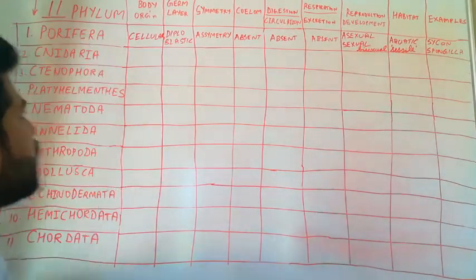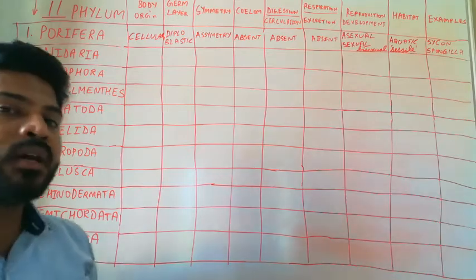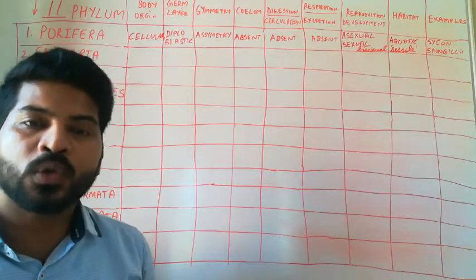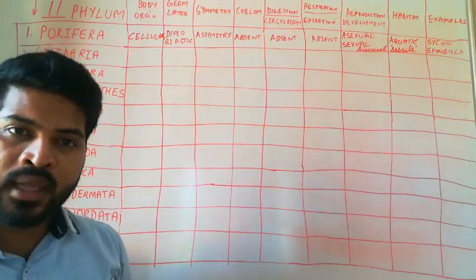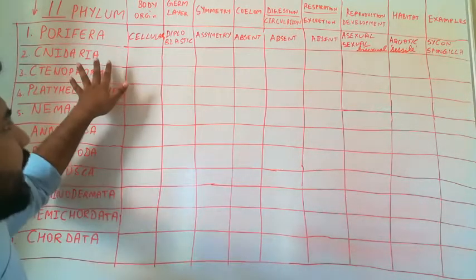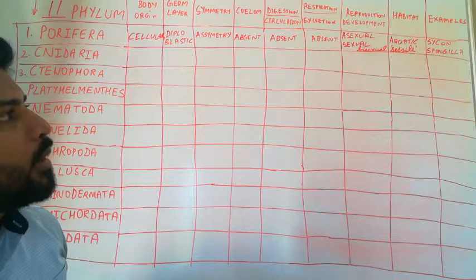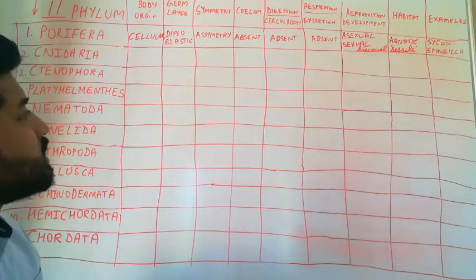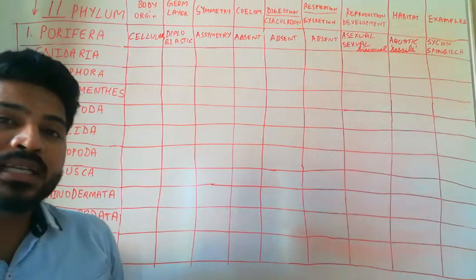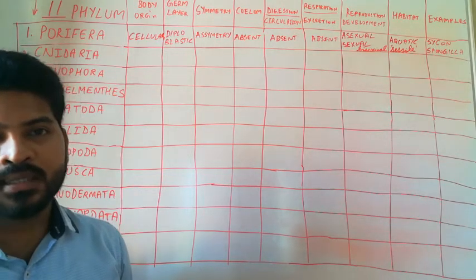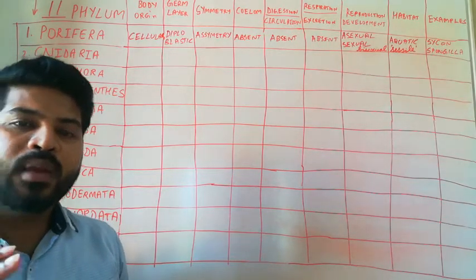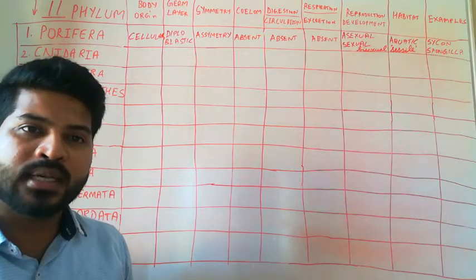Moving on to the second phylum, that is Cnidaria, also called Coelenterata. They get the name Cnidaria because of the presence of specialized cells called cnidoblasts or cnidocytes.